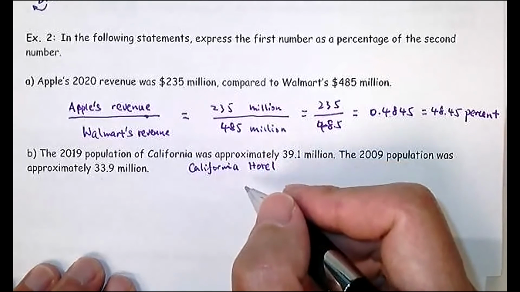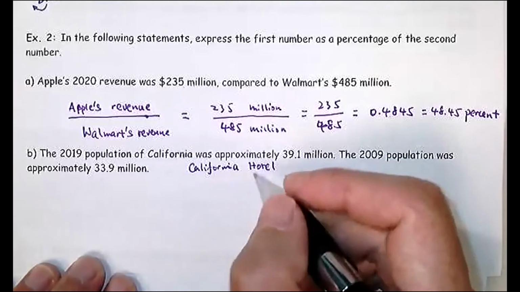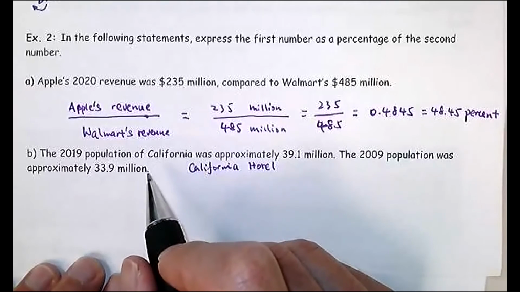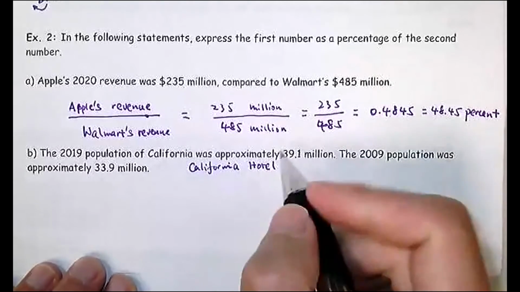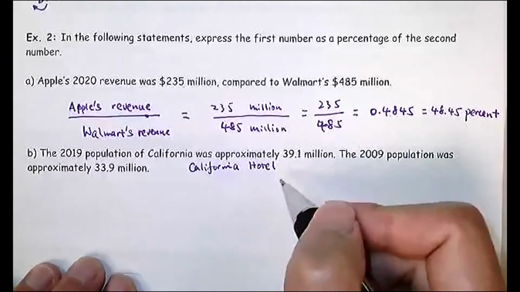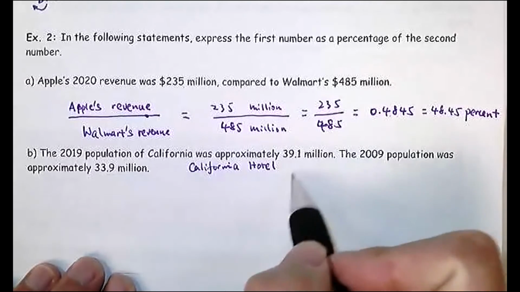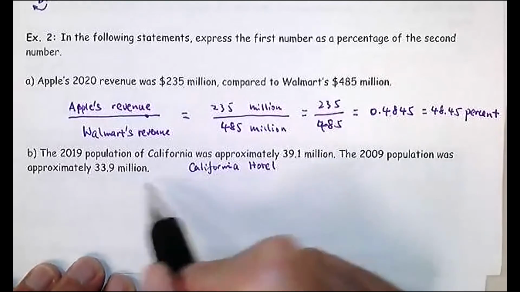Yeah, great. So people are attracted to California because of the weather and the beach, and they never want to leave. Then the population grew from 33 million to 39 million in just 10 years.